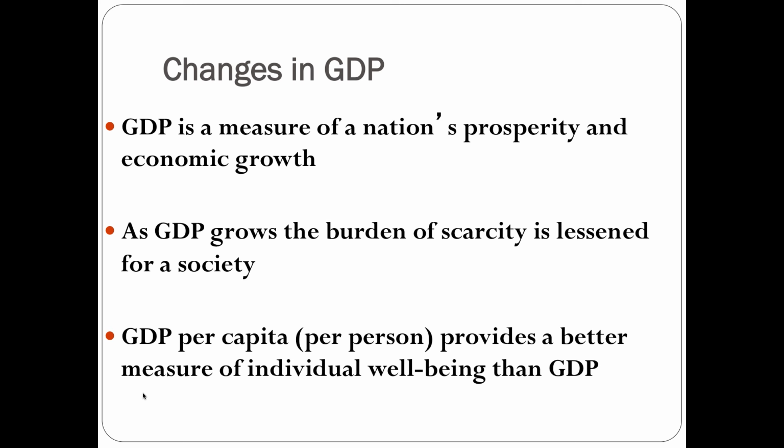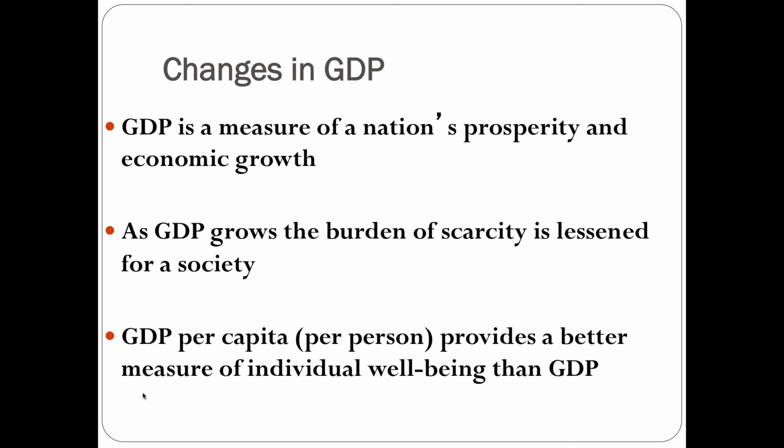So China has a pretty large gross domestic product. It's somewhere around $5 trillion, but when you divide it by the 1.3 billion people that live there, it's going to look like a lot less in terms of GDP per capita.